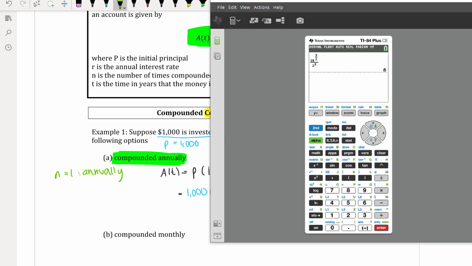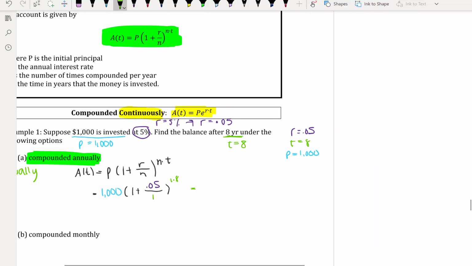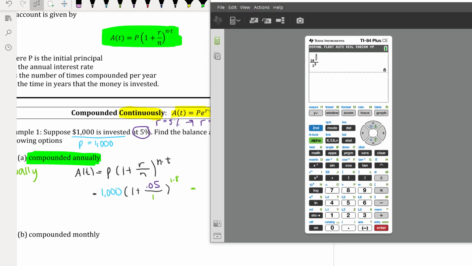So I'm going to plug all of that into my calculator here. So I'm going to have 1,000 parentheses 1 plus 0.05 divided by 1 is just 1.05 to the power of 1 times 8.